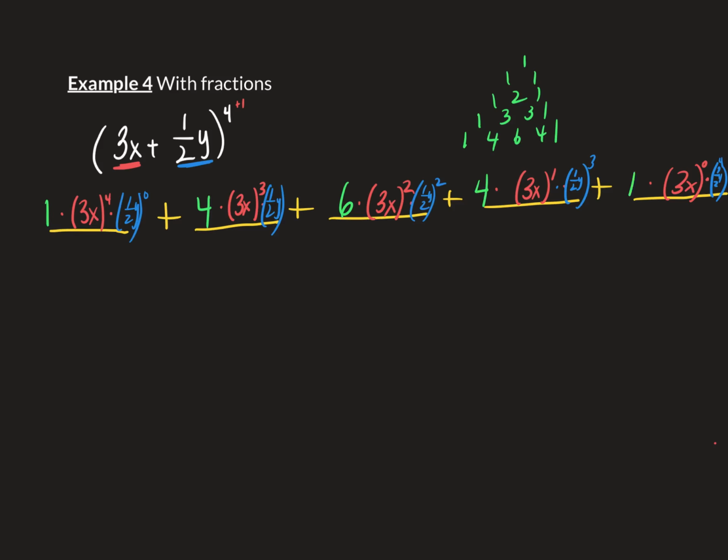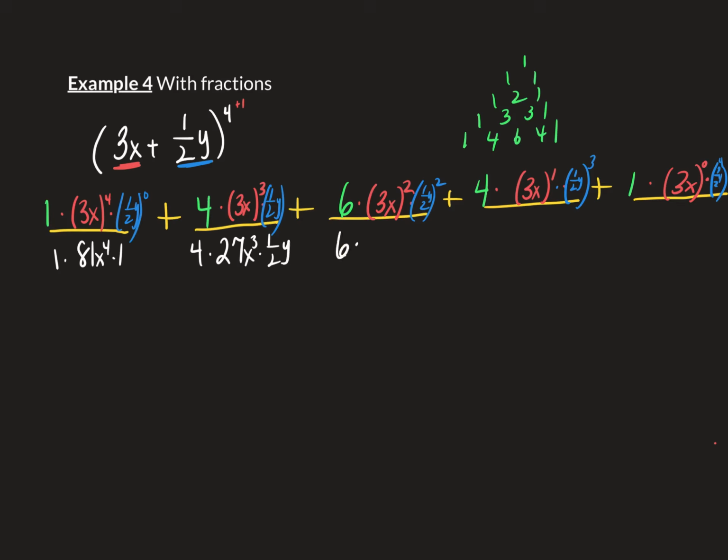Now let's do the math. We'll do the exponents first. 1 times 3 times 3 is 9 times 3 is 27 times 3 is 81. x to the 4th times 1. Anything to the 0 power is 1. Next, 4 times 27x cubed times 1/2 y.